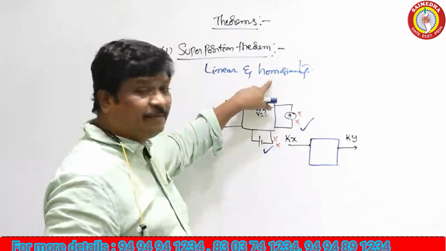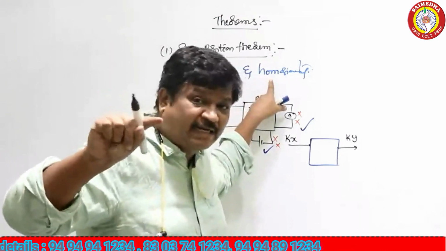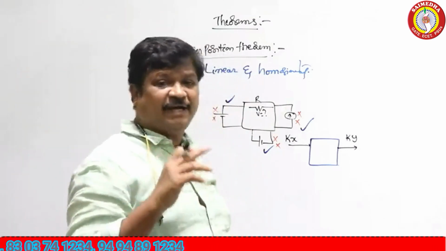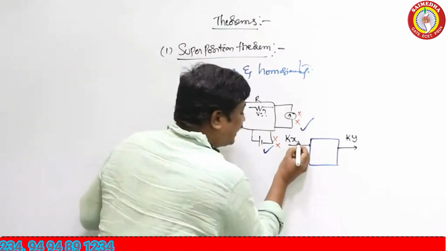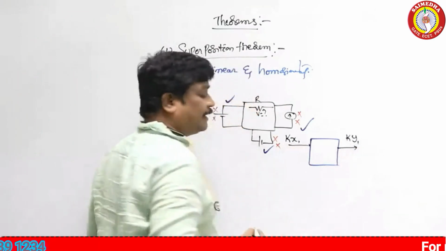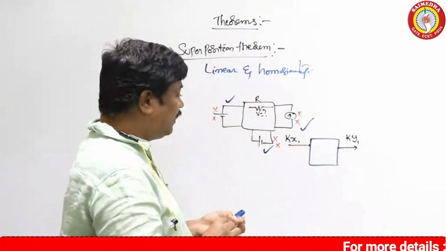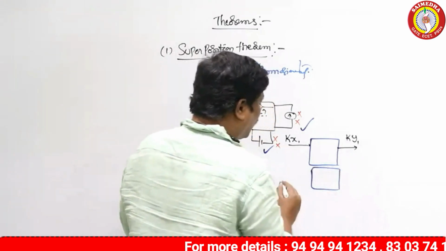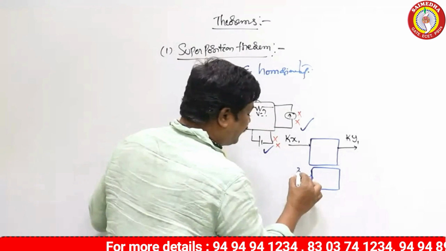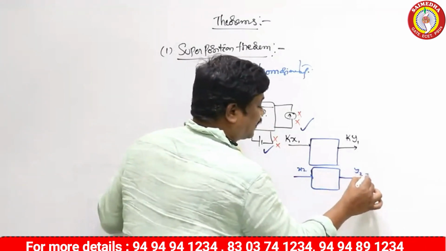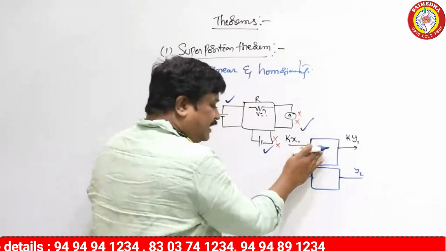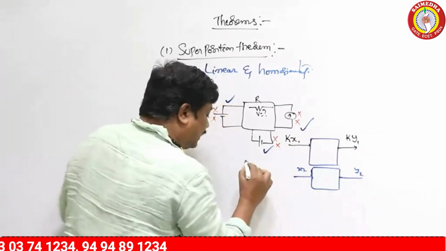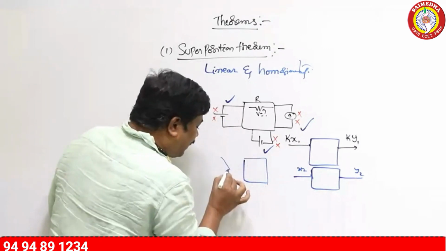Homogeneity means it must also satisfy the condition of additivity. Additivity means if I give x1 here, I get y1 here. For the same network, if I give x2, I get y2.